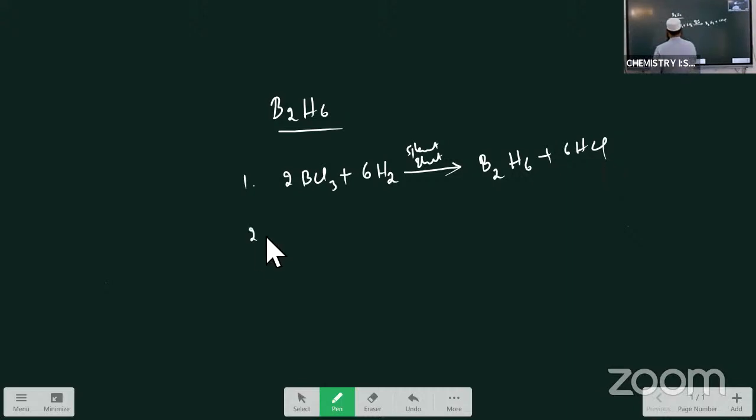Now next, the second preparation method. Boron trichloride or trifluoride is reduced with lithium aluminum hydride.